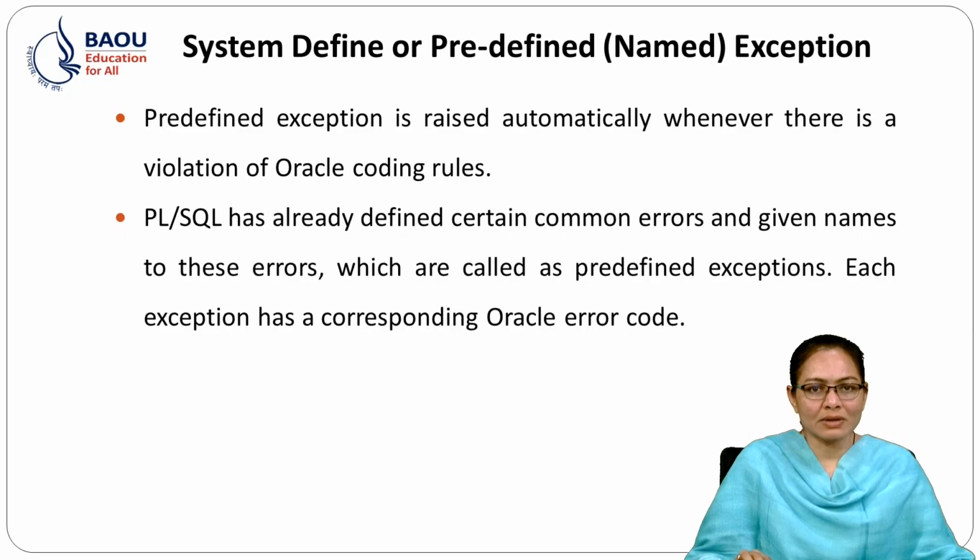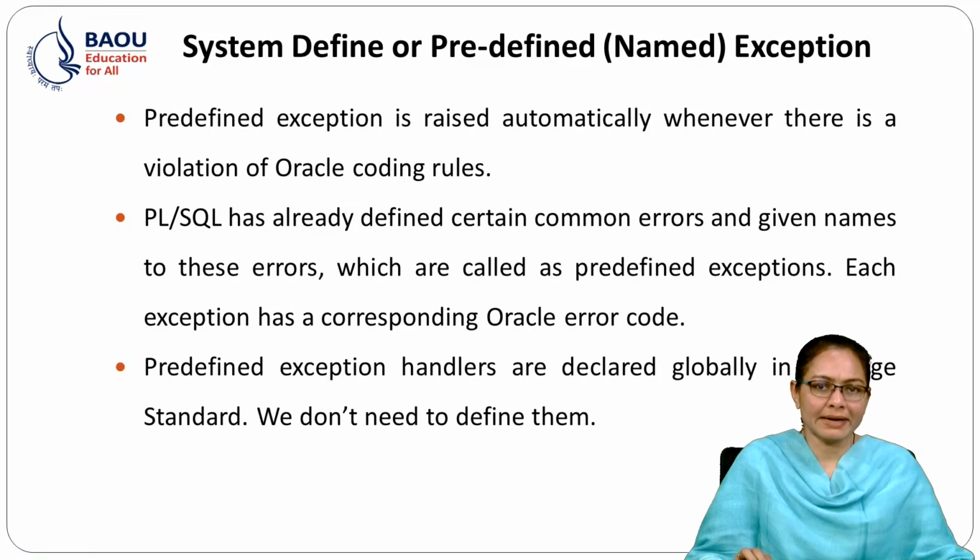PL/SQL has already defined certain common errors and gives names to these errors, which are called predefined exceptions. Each exception has a corresponding Oracle error code. The predefined exception handlers are declared globally in the package STANDARD. We don't need to define them.